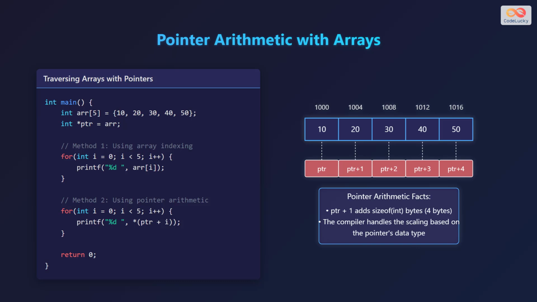It labels ptr, ptr + 1, ptr + 2, ptr + 3, and ptr + 4. Dashed lines connect each pointer position to the corresponding array element. Some pointer arithmetic facts to remember. ptr + 1 adds sizeof(int) bytes, which is 4 bytes. The compiler handles the scaling based on the pointer's data type.